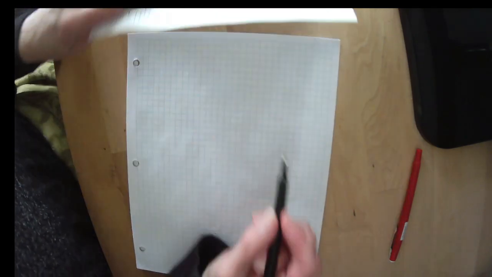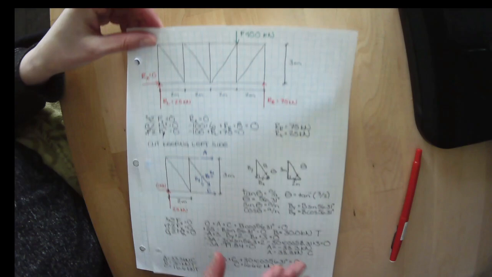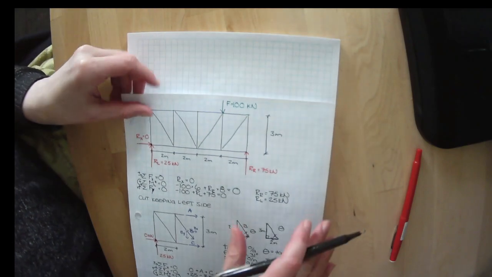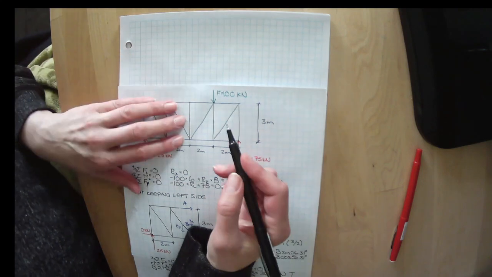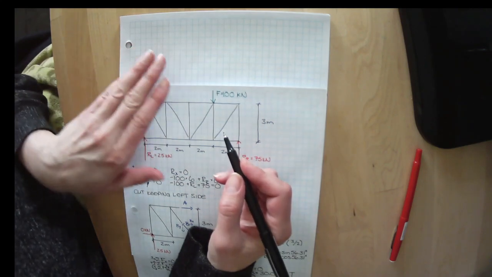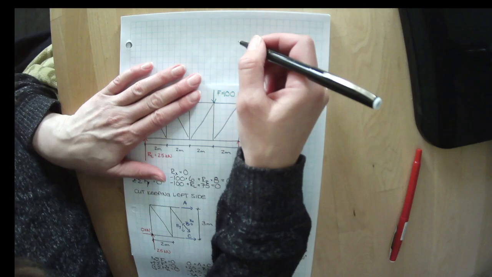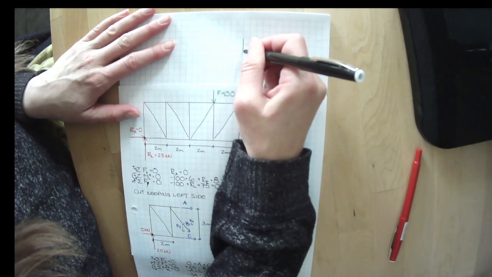So let's do this keeping this side of our truss. So it's the same truss, but I'm going to make the cut right through here, and I'm going to keep this side of my truss.